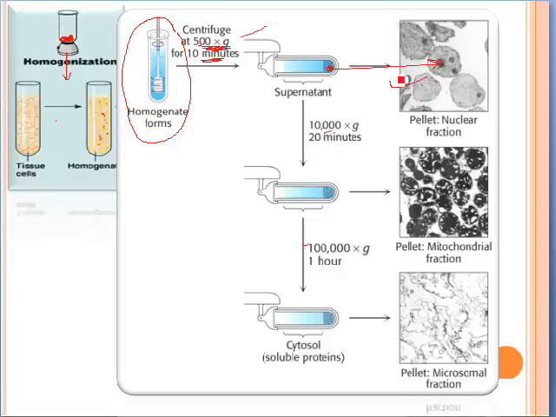The remaining filtrate is further centrifuged at 10,000 G for 20 minutes. We obtain mitochondria in the pellet. After that, the process carries on at 1 lakh G for 1 hour. So we obtain the microsomal fraction in the pellet and cytosolic soluble protein in the filtrate.